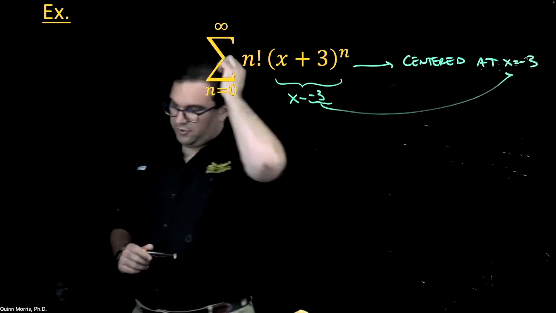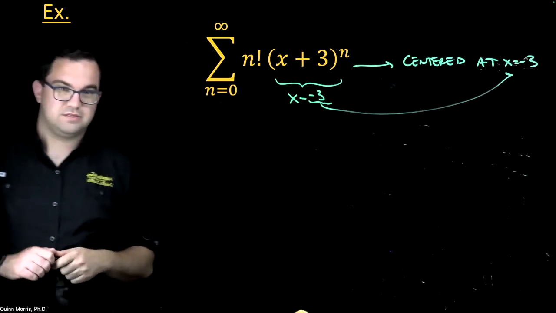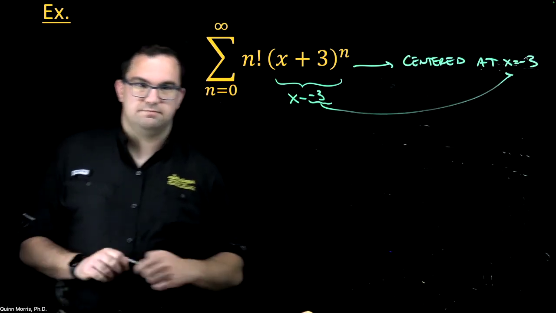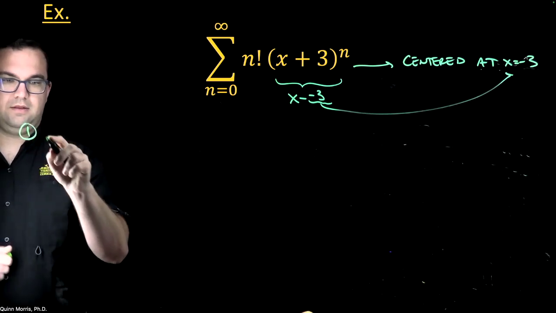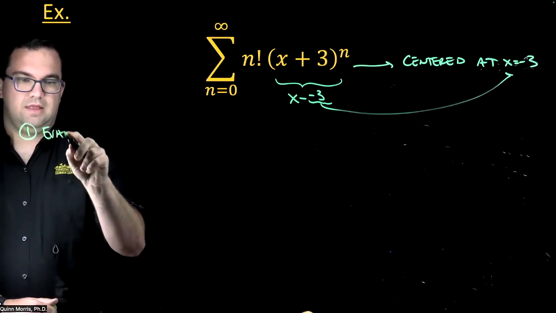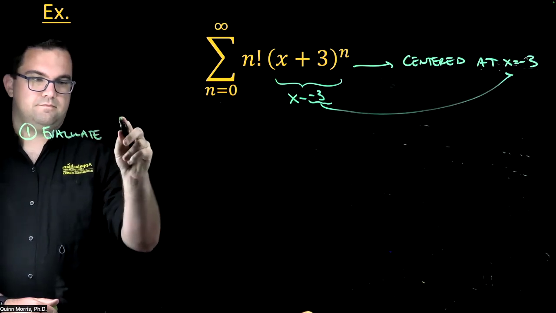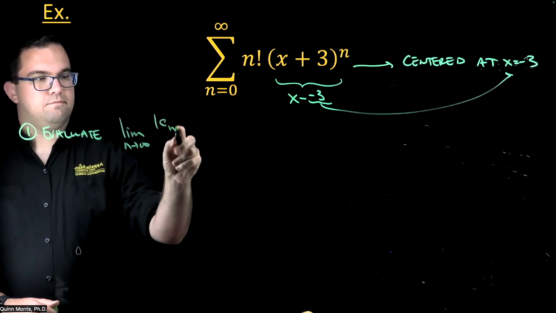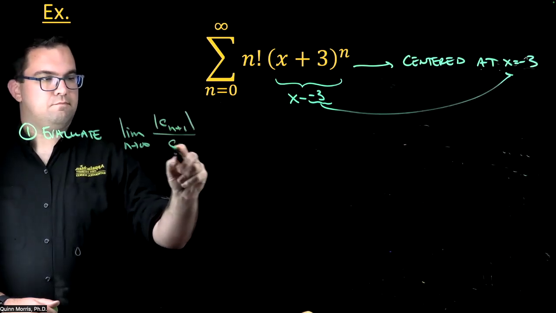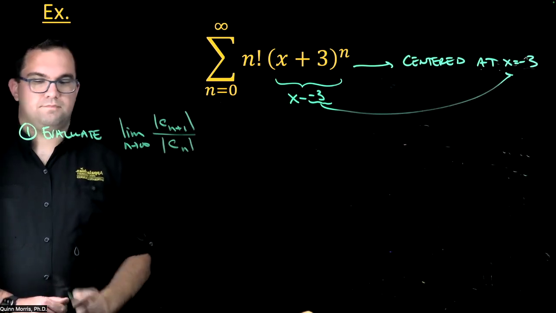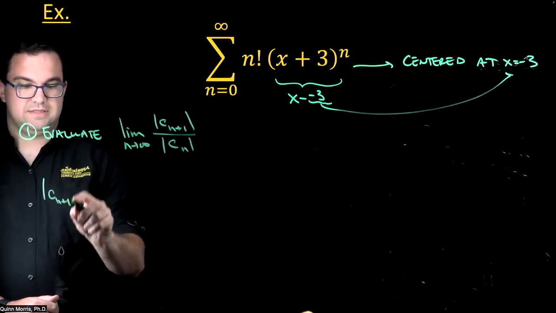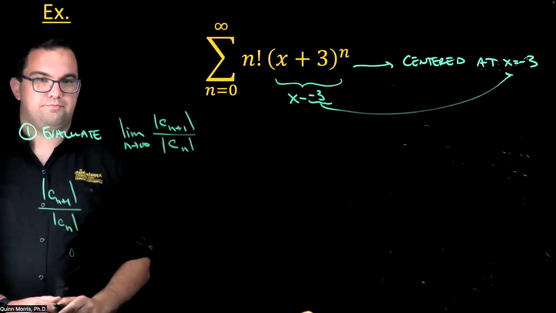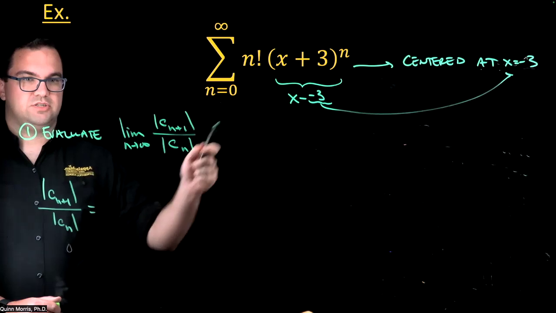So first I want to evaluate the limit, then try to interpret it to get a radius of convergence. Depending on what happens there, I may need to check some endpoints. Okay, so let's start then by evaluating the limit. So first, what is that ratio?